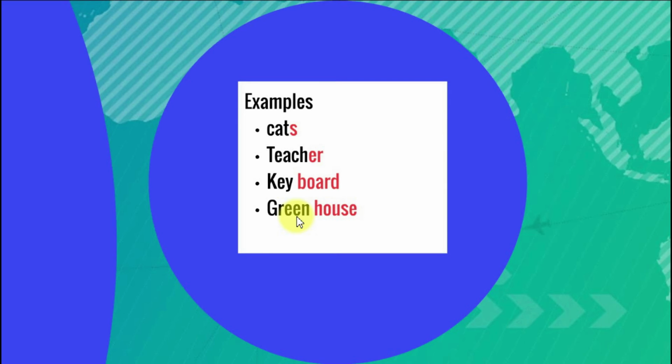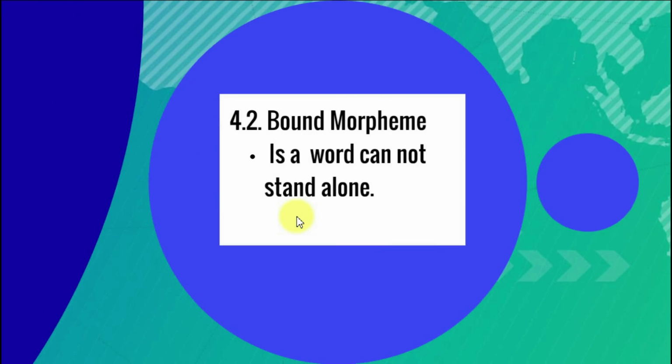After that we are going to compare free morpheme and bound morpheme. Here is the bound morpheme. You remember the branches of the morpheme; we have only two. The first is the free morpheme, and the second is the bound morpheme.